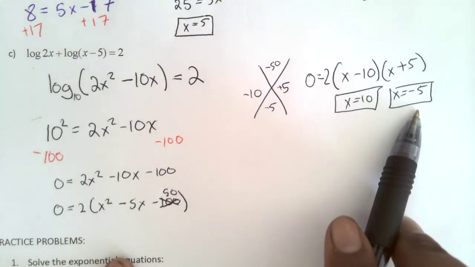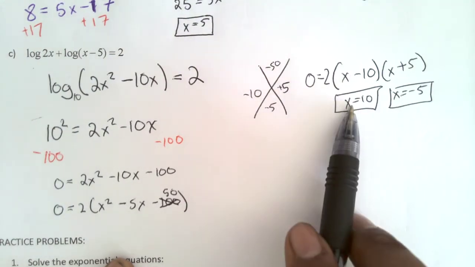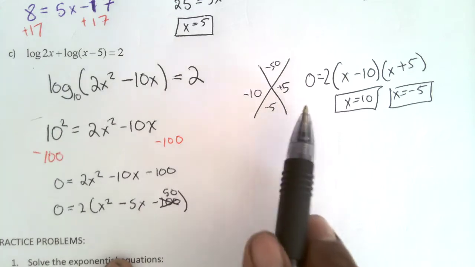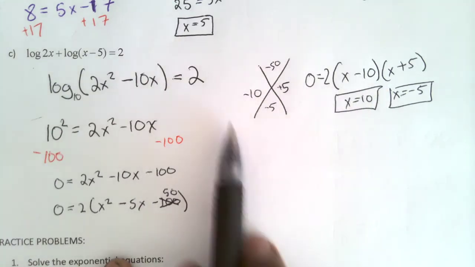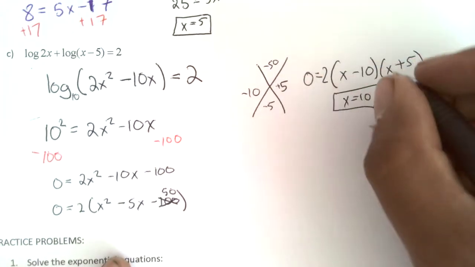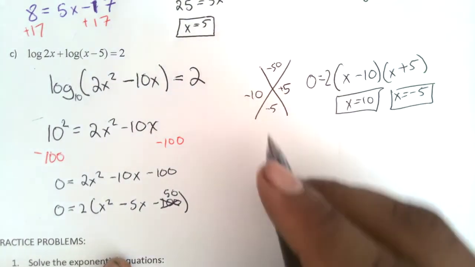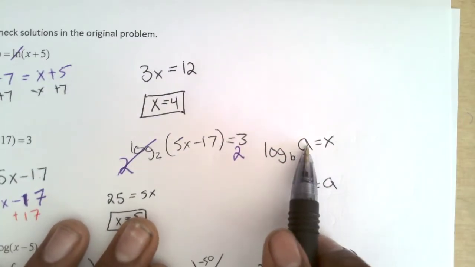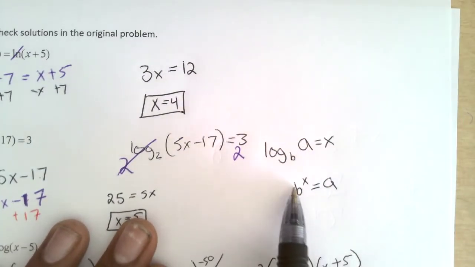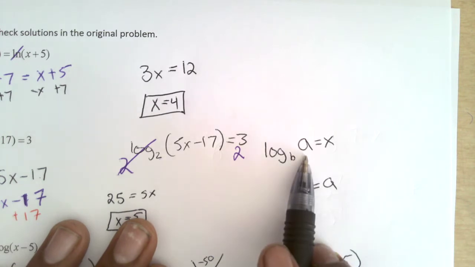Now, these are great. One of the things we have to look for, and as I look here, I'm going to start noticing a problem. We want to check if any errors are going to occur. If you recall, logs, when I look at this format here, if this base is positive, a is always going to be positive.